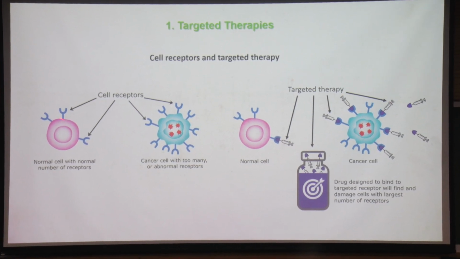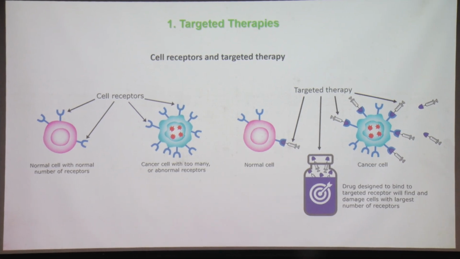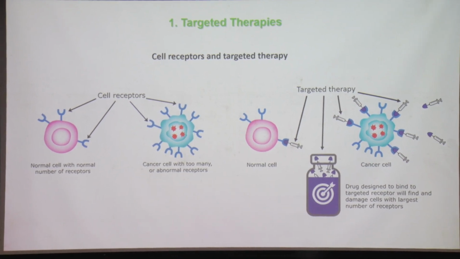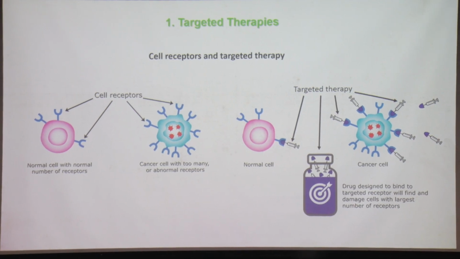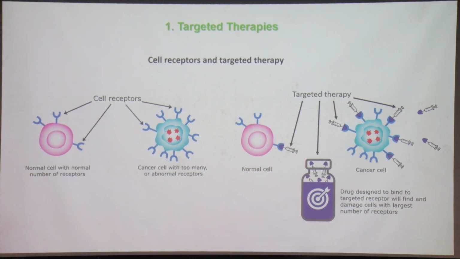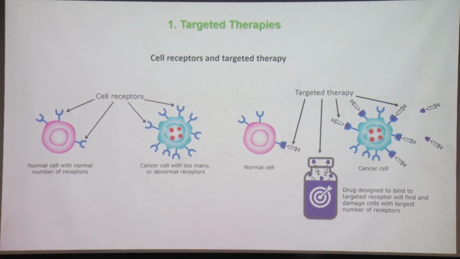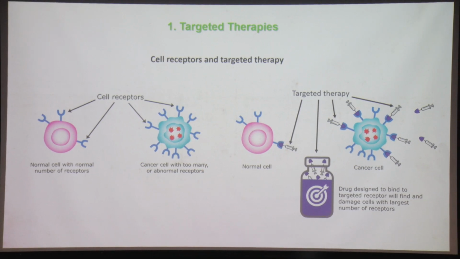This is a normal cell which has some cell receptors. Now imagine, so what happens in these cell receptors? They take growth factors. Growth factors turn on the signaling pathway and the cells divide, right? But what cancer cells do, they have too many receptors. More receptors, more signaling for growth, cancer, right?